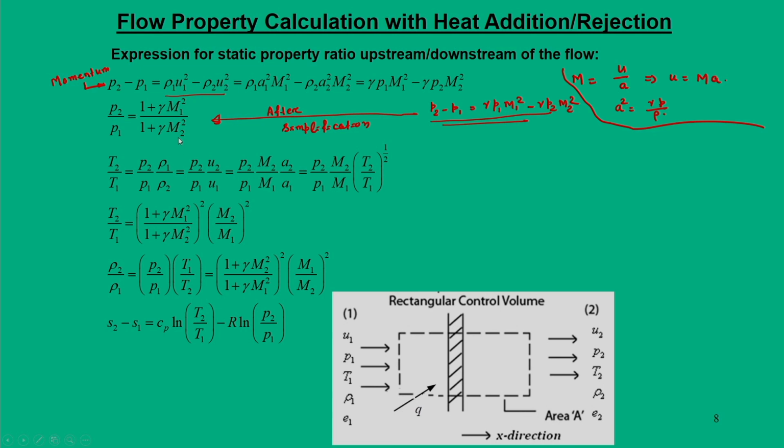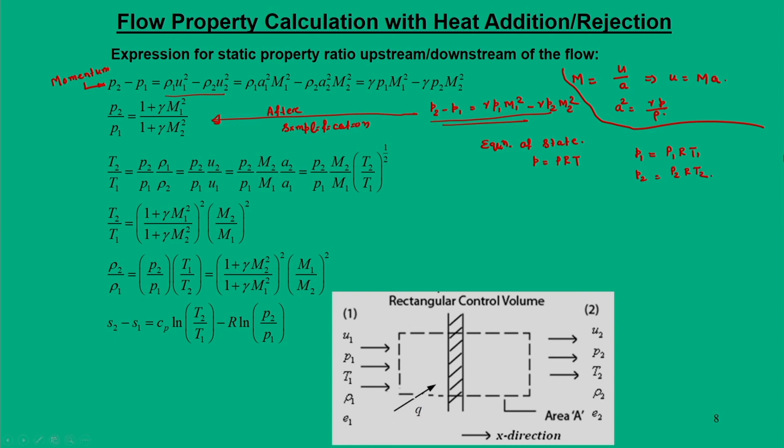The second property which we are going to evaluate is the temperature ratio. To know the temperature ratio, we have to recall the equation of state. The equation of state says that P is equal to rho r T. So, for conditions 1 and 2, I can write P1 is equal to rho 1 r T1, P2 is equal to rho 2 r T2.